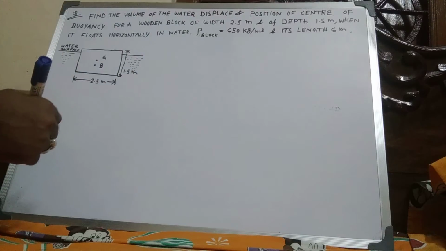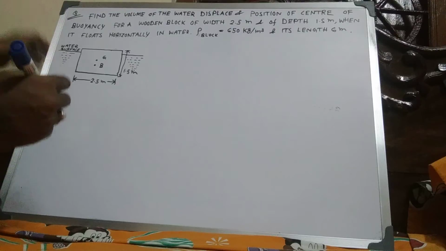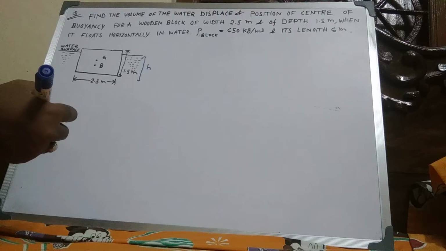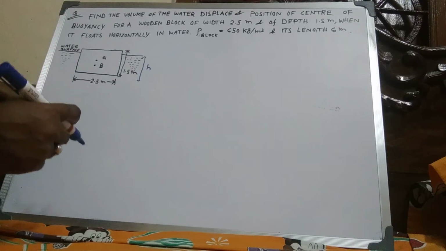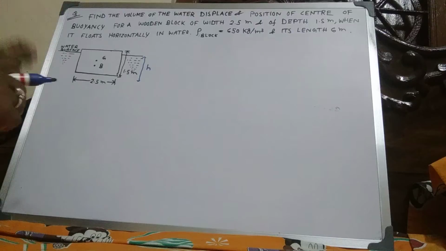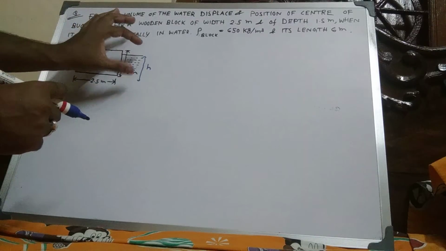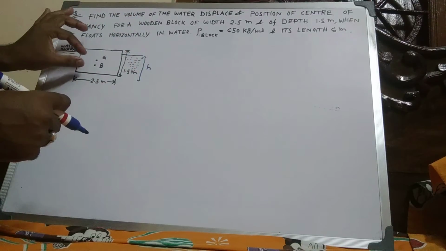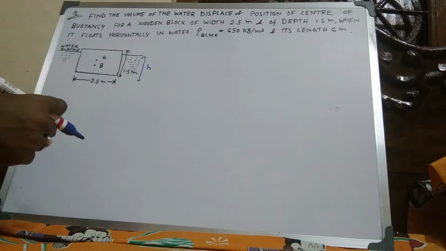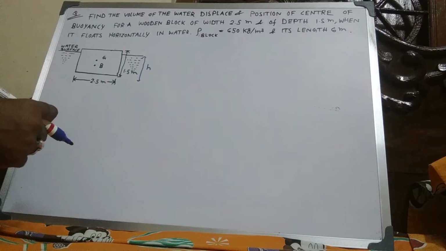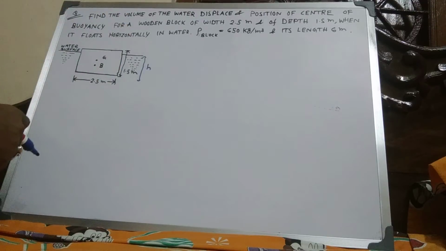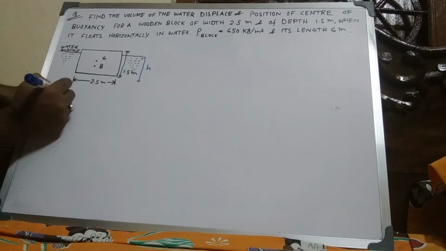Find the volume of water displaced by the body, and the position of the center of buoyancy. Suppose the displaced height is H, and the center of buoyancy is this one. Width is 2.5, depth is 1.5 meter, and length is 6 meters.